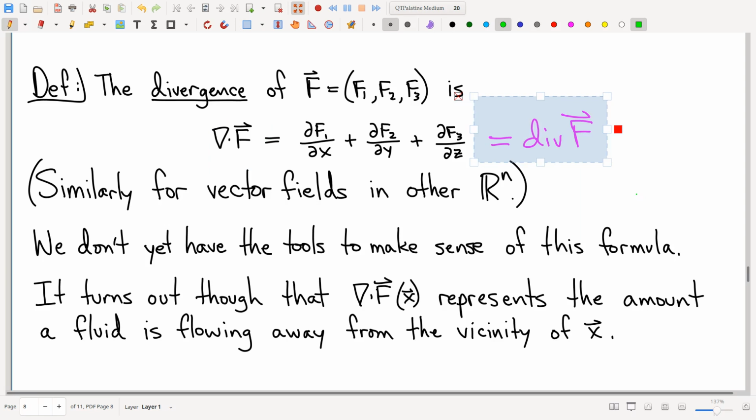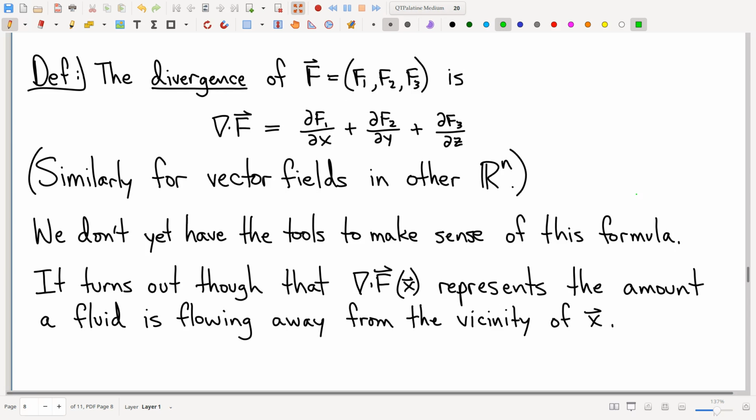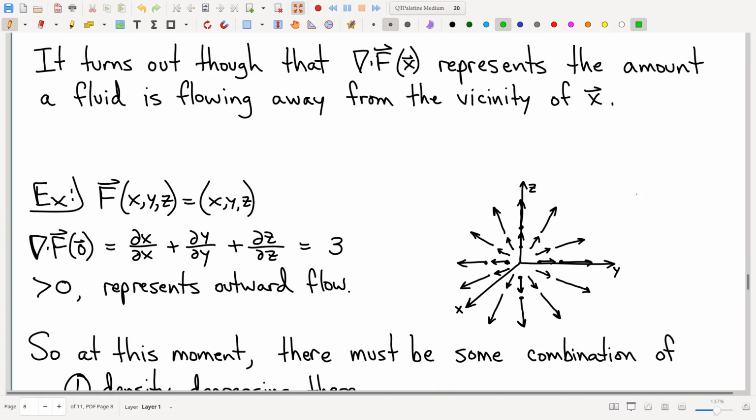Now, where does this come from? Can't tell you. I'll show you later. That's the way it kind of has to be. So what I am going to do, though, is tell you what the punchline is going to be, and we will flesh out a lot more details when we get into Chapter 7.